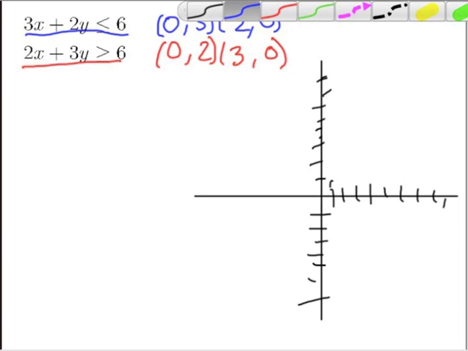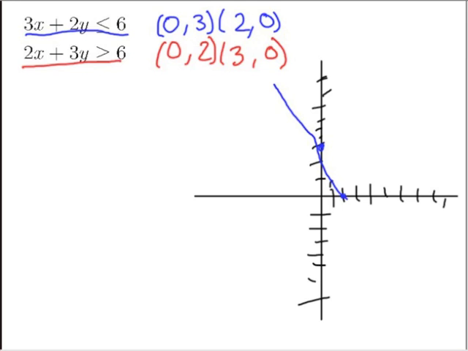So we have x is 0, y is 3, and x is 2, y is 0. Less than or equals to means we have a solid line.